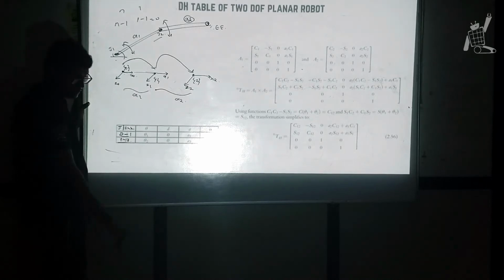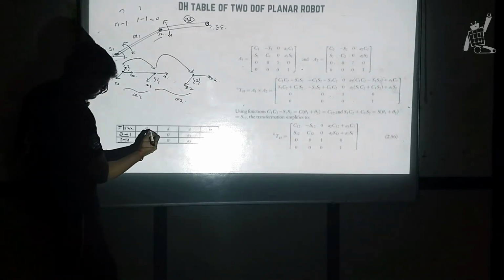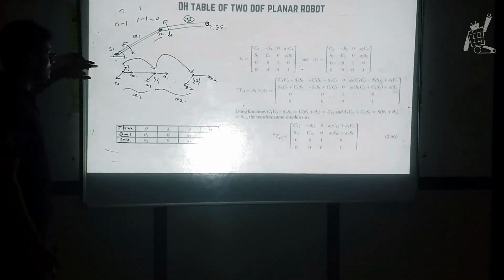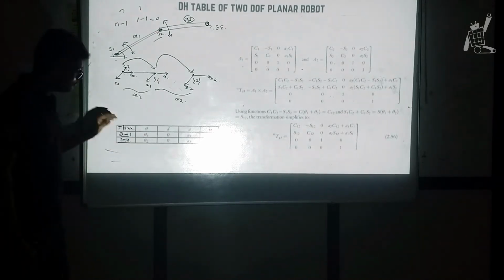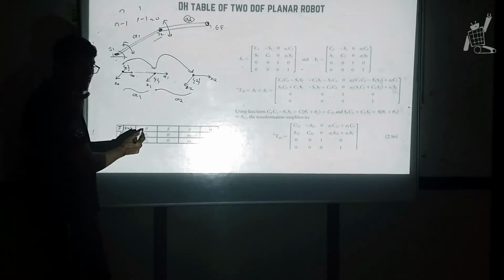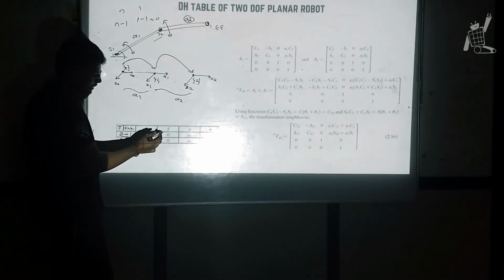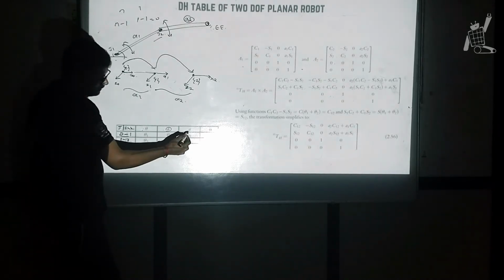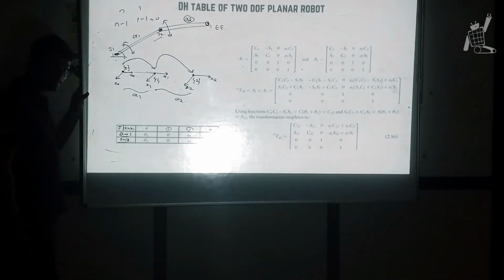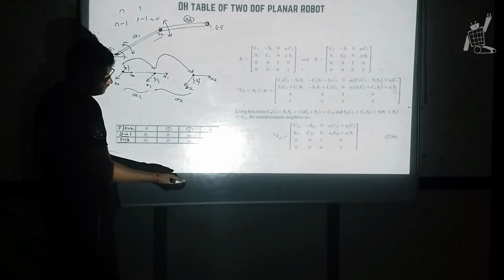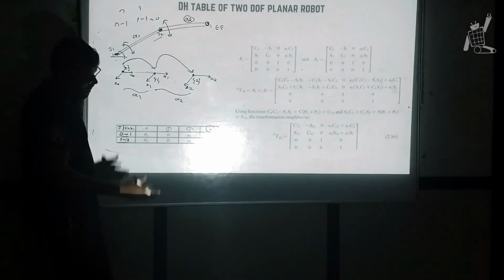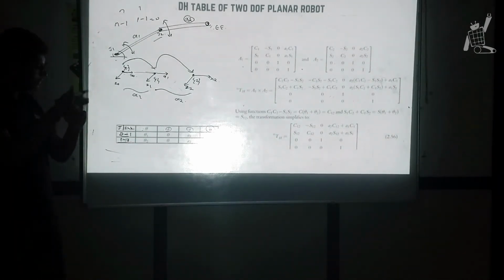For 0 to 1, we will write theta. These are the four transformation cycles: motion along the z-axis by the angle theta, then translation along this axis by d, then translation along the x-axis by a(n+1), and the angle between these axes is alpha.